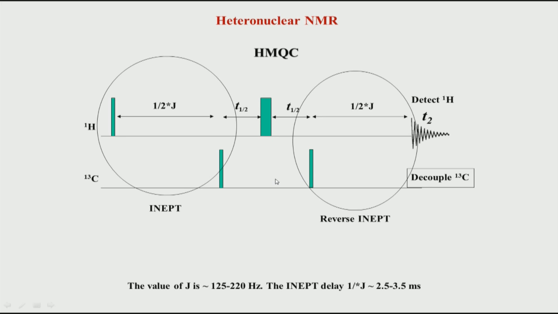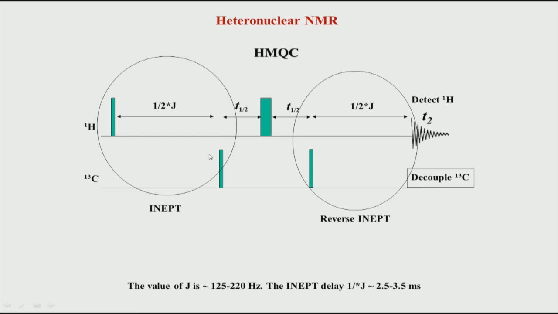This is very similar to HSQC: we transfer polarization from hydrogen to carbon, evolve the carbon, then go back to proton and detect the proton. So, similar considerations apply.